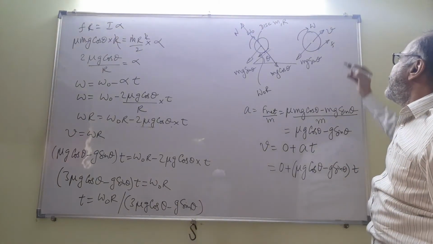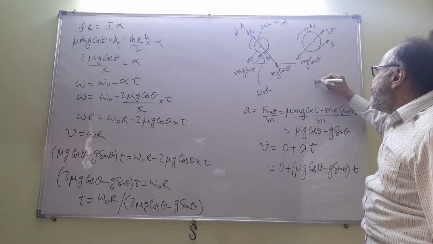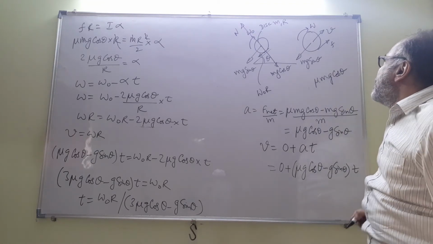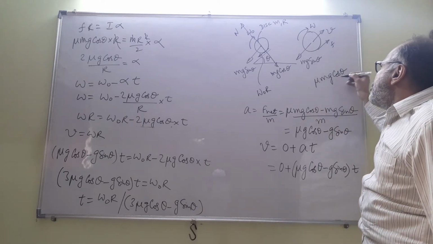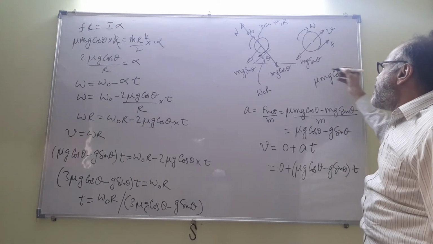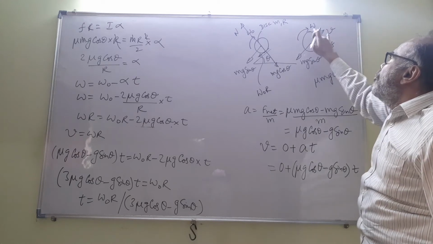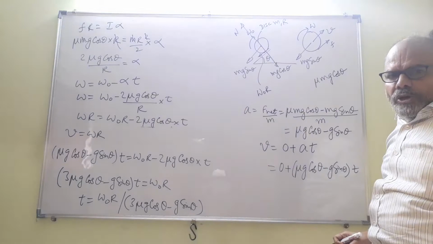Another point is that this F will now not be equal to the limiting value of mu mg cos theta. In fact, if this F were mu mg cos theta, and we had said mu mg cos theta is greater than mg sin theta, V would increase and omega would decrease. So that is not sustainable pure rolling.